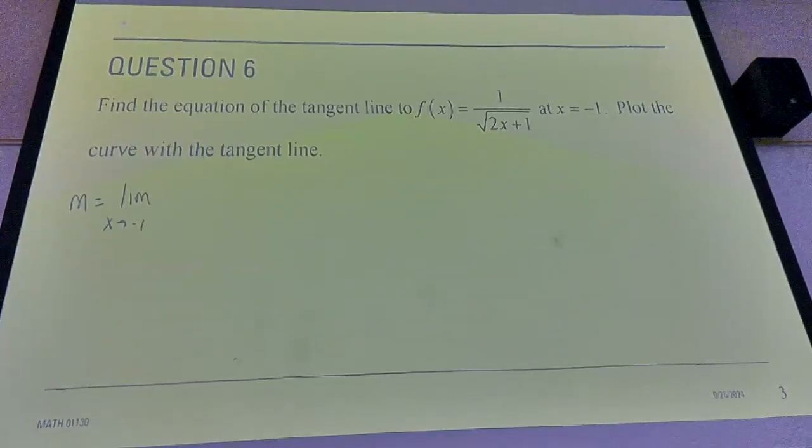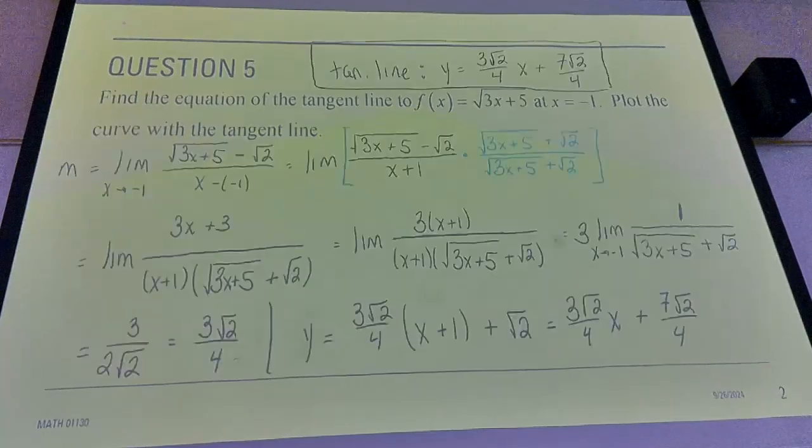Limit as x approaches a. Are we allowed to square, like for the last problem, would you be allowed to square the entire equation? Or would that work? What do you mean by square the entire equation? Like the entire fraction. Just the fraction?